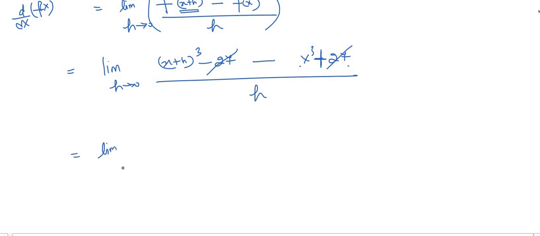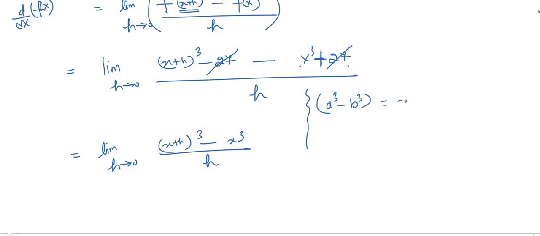So what I am getting is limit h tending to 0, (x plus h) cube minus x cube by h. So we know one formula. Write down: a cube minus b cube is (a minus b)(a square plus b square plus ab). Remember, only the first sign is minus; the other two are plus.